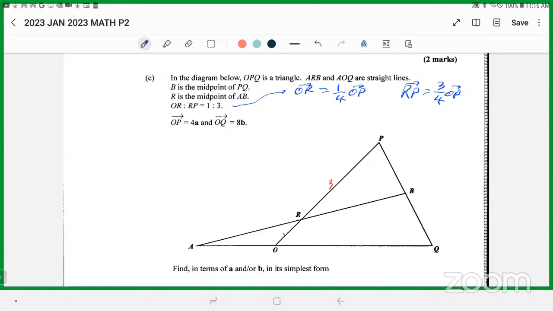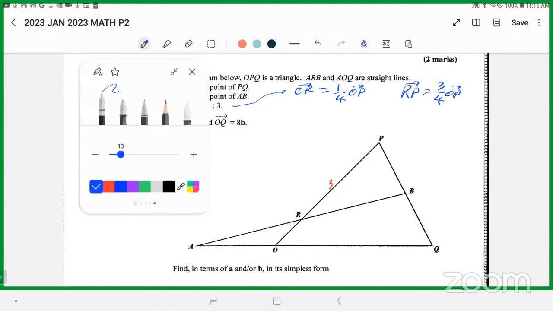And then they make it nice now by telling us that OP is actually 4A. OP is 4A. So if OP is 4A and it's in the ratio 1 to 3, that means that this piece is vector A. So I can actually put it on the diagram. From here to here is vector A. I put it on in red.